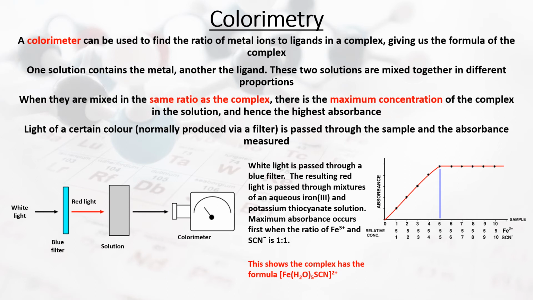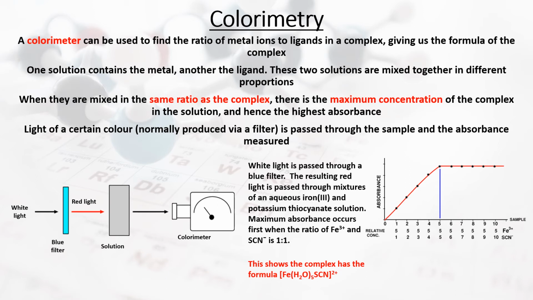What we measure with this colorimeter is absorbance, so how much of that red light we put in gets absorbed by the compound. Normally we'd have two solutions: a clear solution as a background reference, and then the red light going through our particular solution. And so we measure the absorbance.